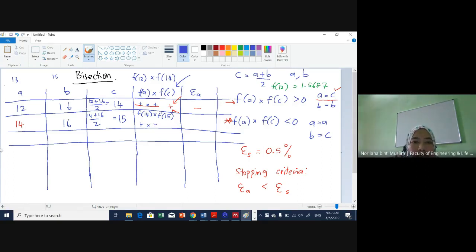Positive number times negative number is negative, right? So I will just conclude this as negative. Next, the calculation for the absolute error.